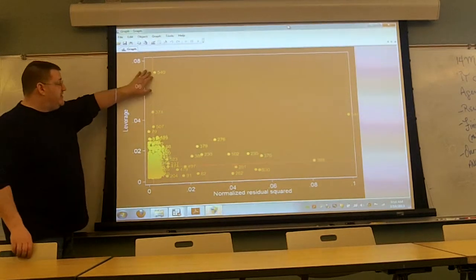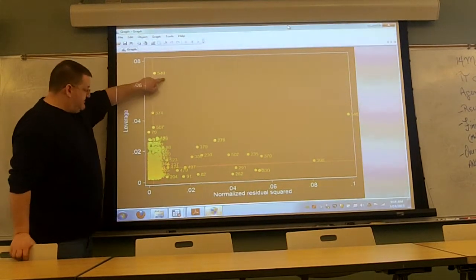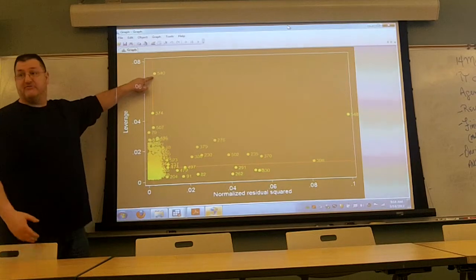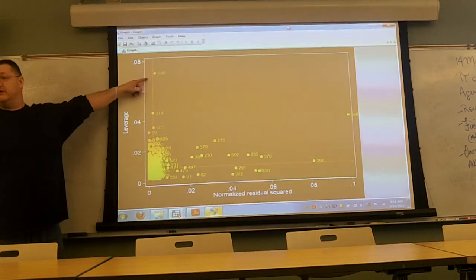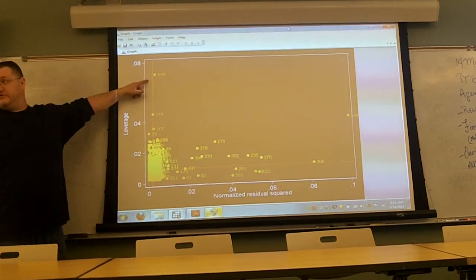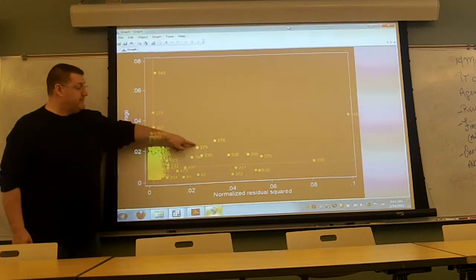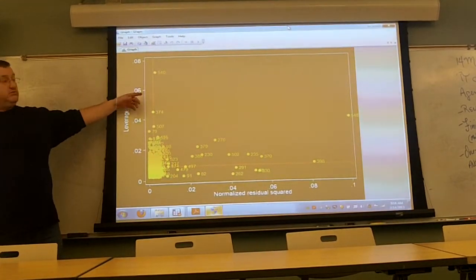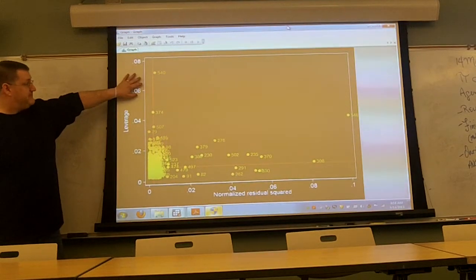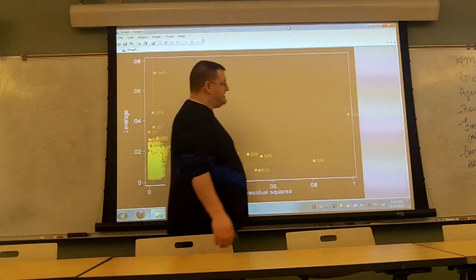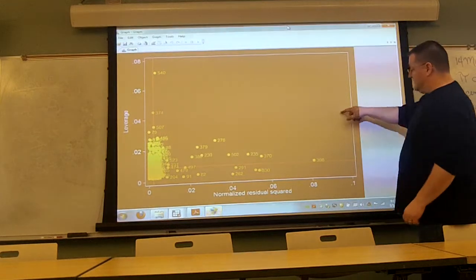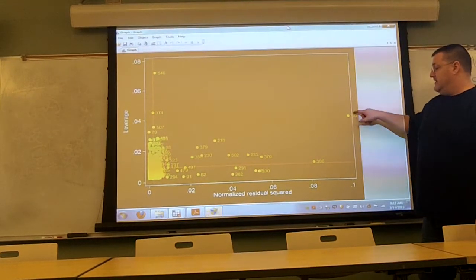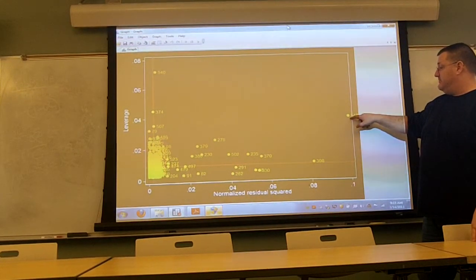So I'm going to look at this value here. This is observation number 540. When you do that lvr2plot, it plots out the observation numbers for you, which is kind of cool. The other thing I'm interested in is this observation here.